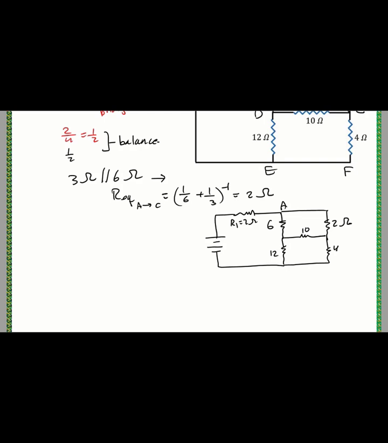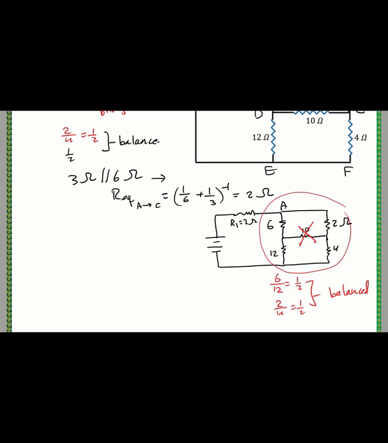Again, it is a complex circuit, but also we have another Wheatstone bridge, and lucky us because it is balanced. 1/2, the other side 2 over 4, 1/2, so balanced. What is the meaning of balanced? We can remove the 10.